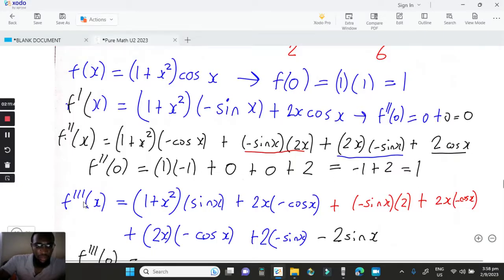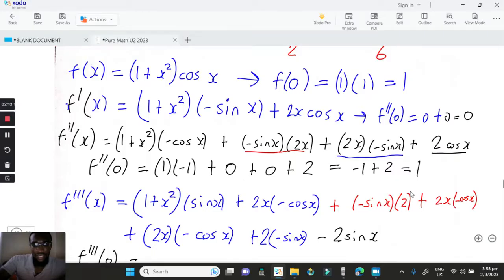Very good. Third derivative now. Differentiating second derivative. So keep first, differentiate the second, plus keep the second, then differentiate the first. Very good. Differentiate 1 plus x squared is 2x. Plus in the red part now, keep the first, differentiate the second, plus keep the second, times derivative of the first.